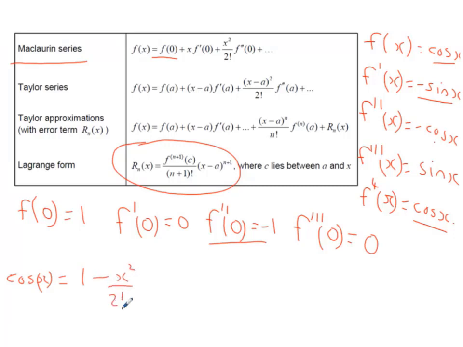Then the same happens with the triple dashed 0, that is 0 as well, so there is no x cubed term, so we go to the fourth derivative, and we're back to 1, so that's plus 1 times x to the 4 over 4 factorial. And now hopefully you can see a pattern. The next one's going to be negative, and it's going to be x to the 6 over 6 factorial.